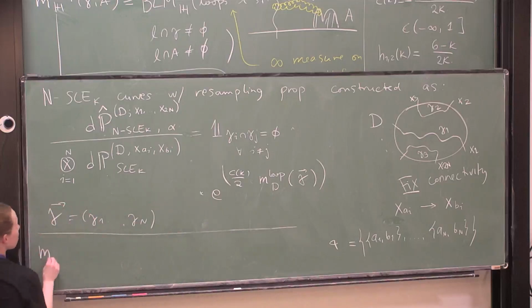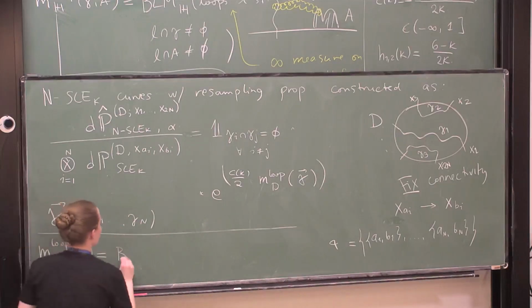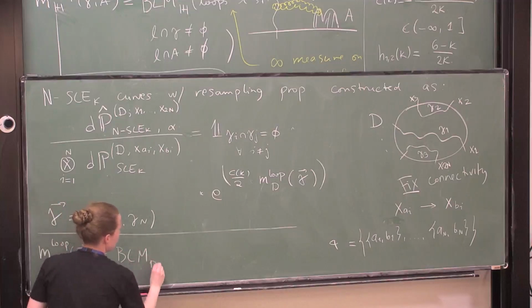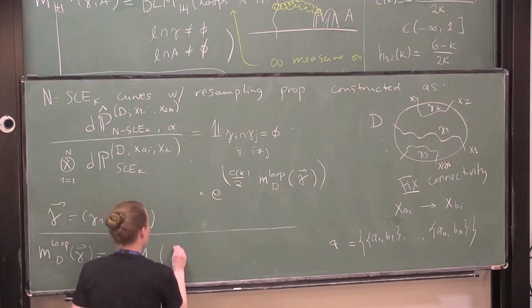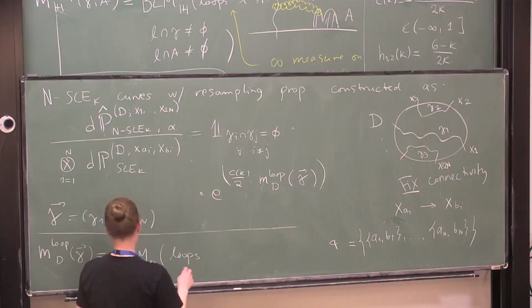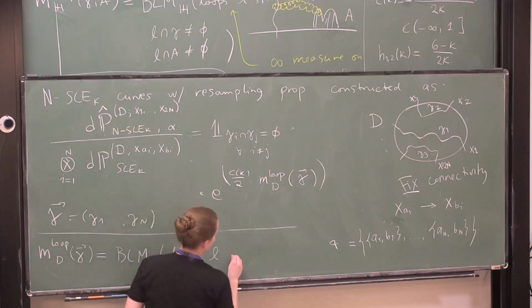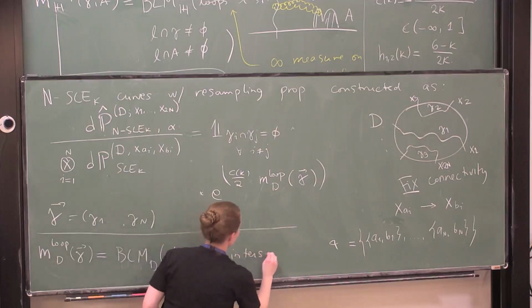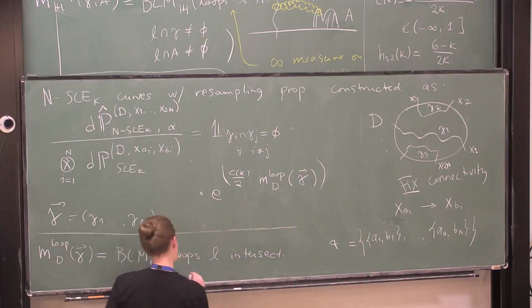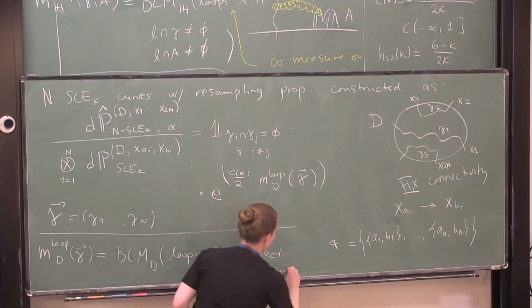So this M, in general, if you have many curves, would be like a Brownian loop measure in your domain of loops intersecting at least 2 curves.